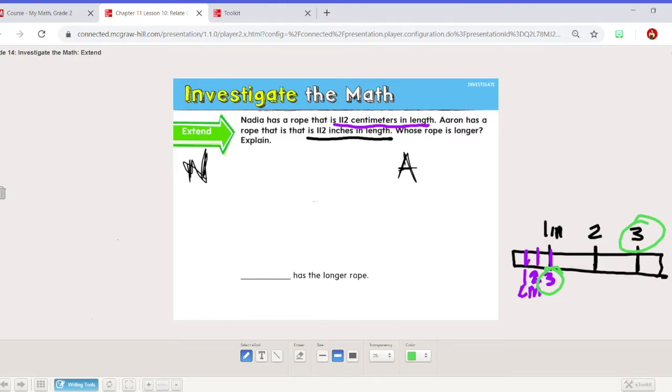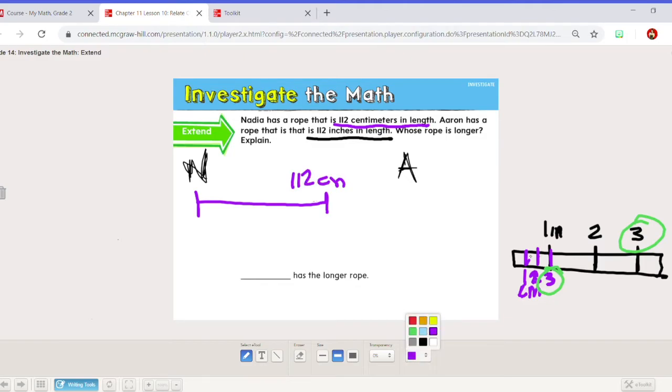So 112 centimeters would show up a lot quicker than 112 inches, if that makes sense. So Nadia's rope is in centimeters, so I'm going to draw it right here, 112 centimeters.